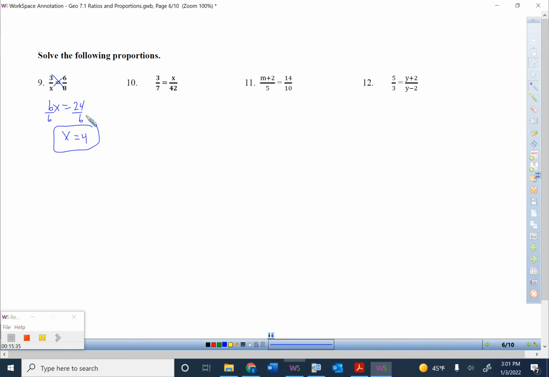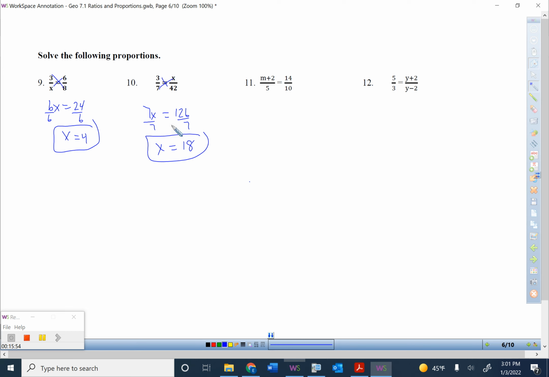Okay, same process on the next one. We're multiplying the part with the x first, so 7x equals, and then we're doing 126. Okay, dividing by 7 on both sides, and x equals 18.